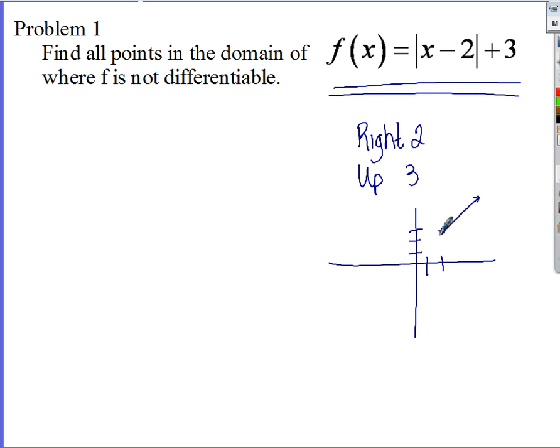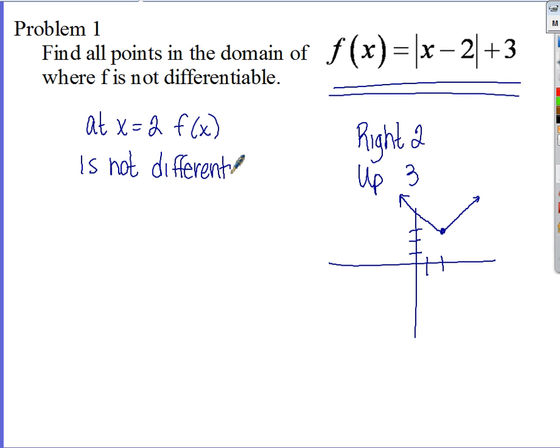This function is differentiable everywhere except at x equals 2. At x equals 2, f of x is not differentiable because of the corner. The left-hand derivative doesn't equal the right-hand derivative.